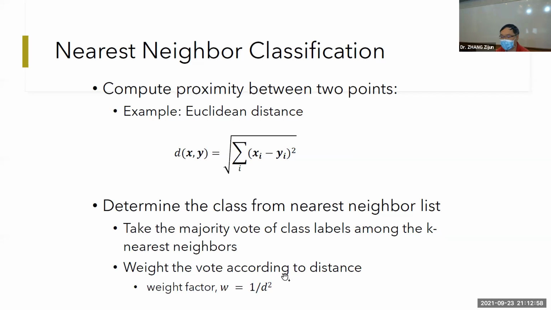That means the further, the lower. If the distance is large, then the weight will be small. If the distance is small, that means close, then the weight will be large. But you can also use training to determine a dynamic setting of the weight, not just 1 over d squared. You can dynamically determine the weights of the different neighbors according to training.